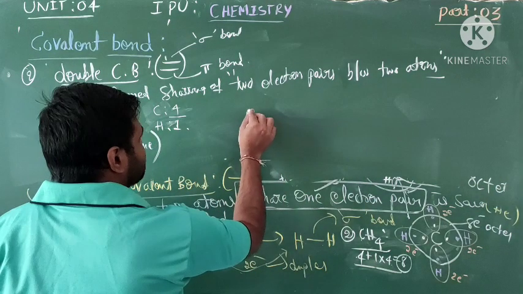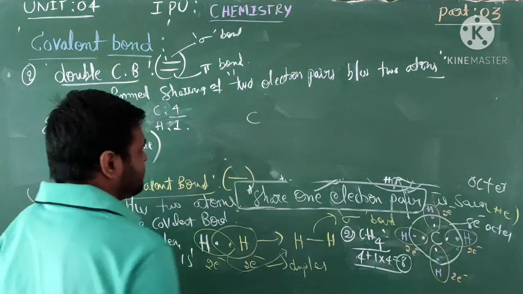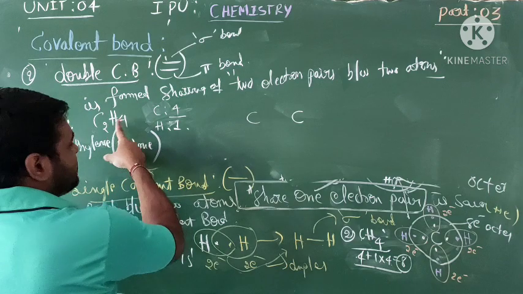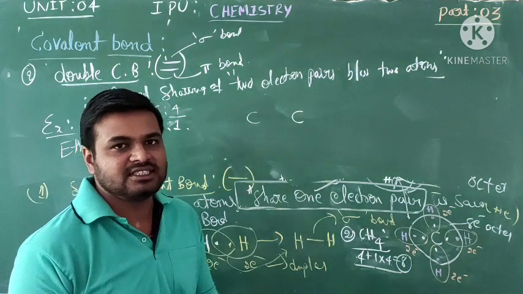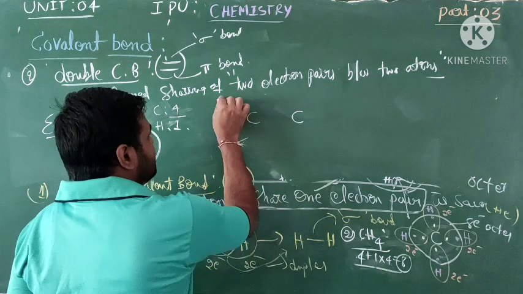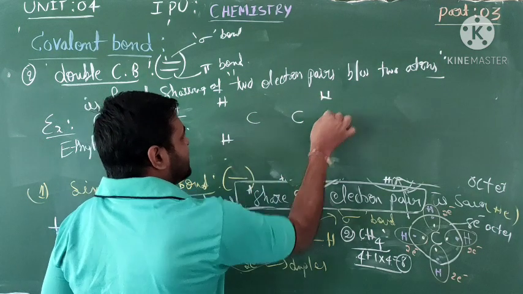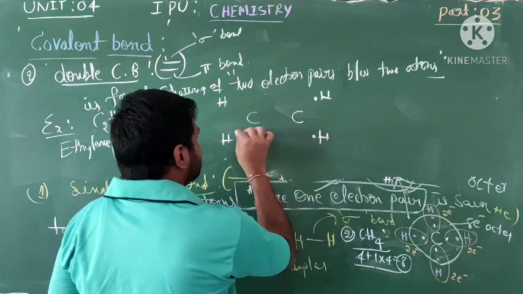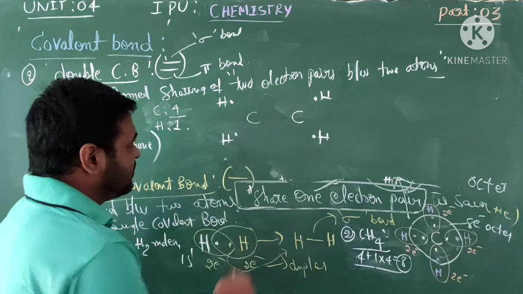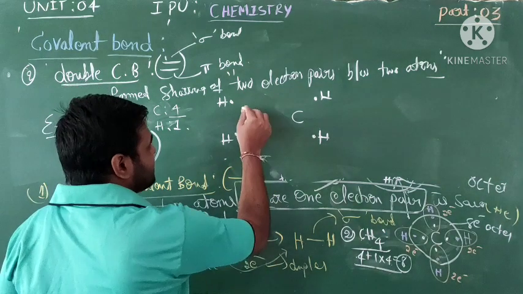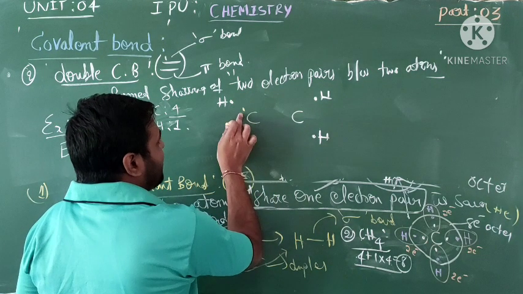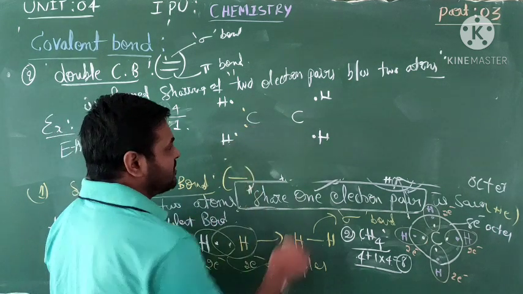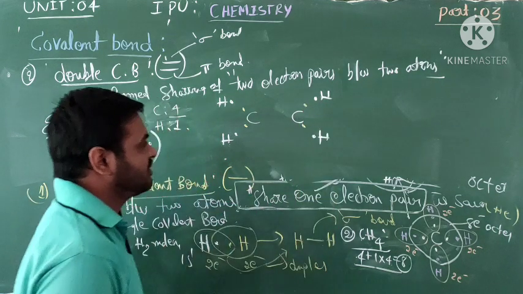So let me show here. This is a carbon, right? One more carbon. Four hydrogens contribute 4 electrons, each hydrogen contributing only 1 electron. So how much does carbon contribute? One is shared with a hydrogen atom, and the carbon shares with another hydrogen atom and another hydrogen atom.